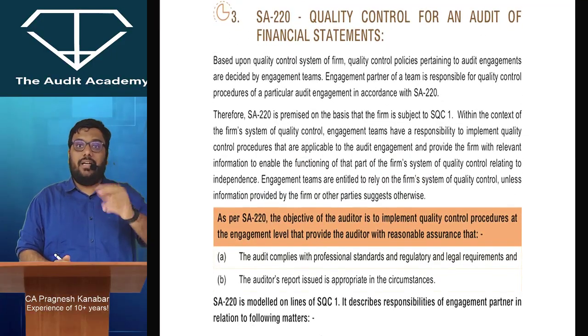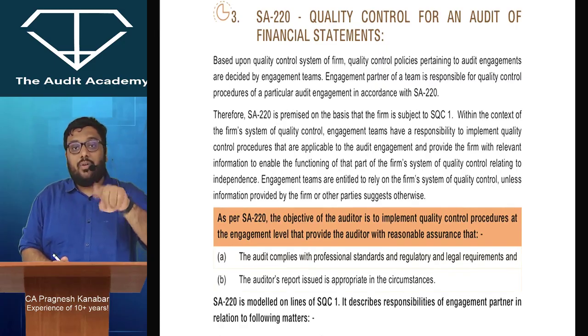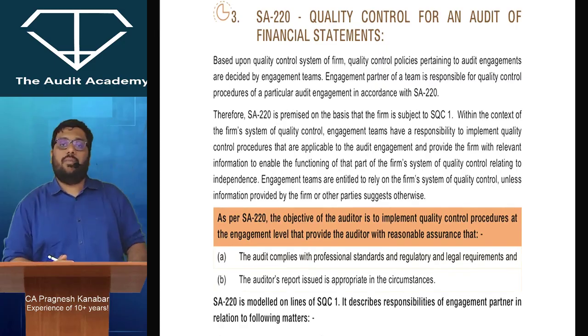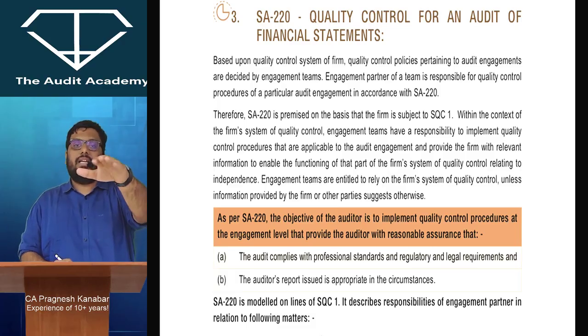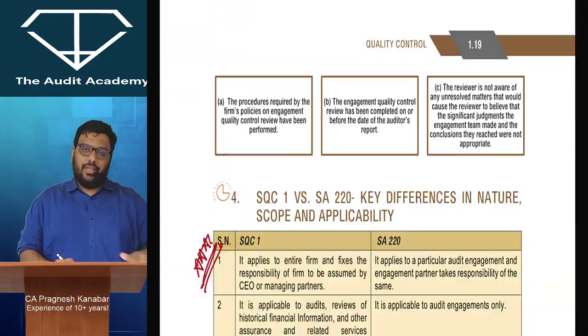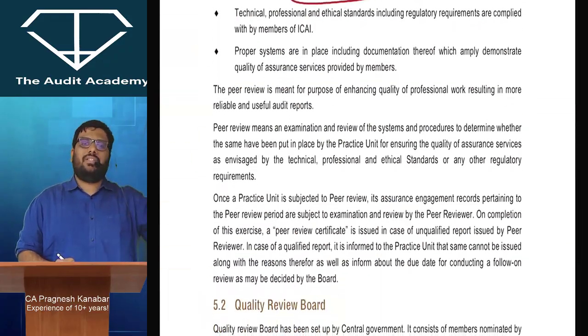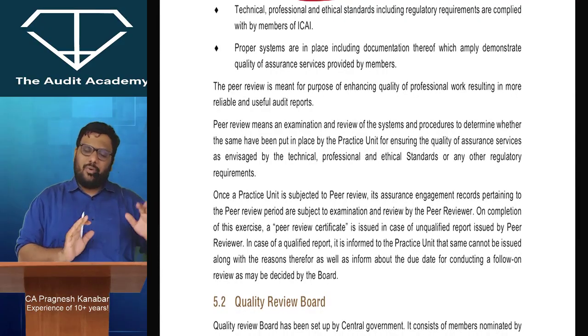In SA 220, again they are discussing those 6 elements, but how to implement them in the audit of financial statements and what the responsibility of the engagement partner is, at the engagement level. After these 6 elements, you will see a more practical discussion on various quality review mechanisms. I'll talk about that in the last 2 minutes.